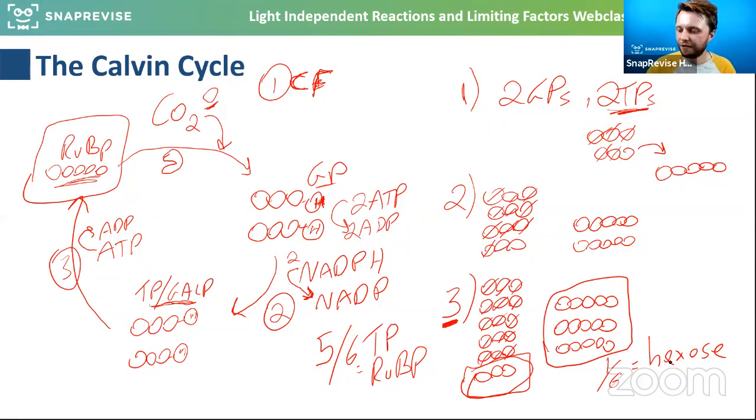So I need to have 5 out of 6 of my TPs or GALPs regenerated into RuBP, and I'll have 1 TP left that can get turned into a hexose sugar.